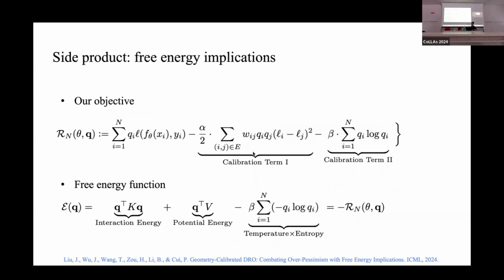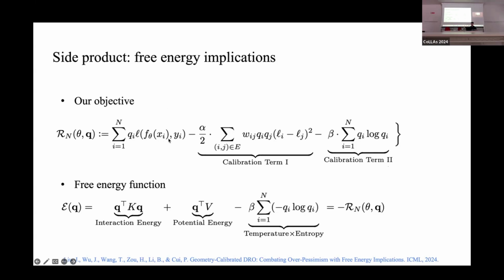And also here's a side product. It's about the free energy implications. Recall that the first equation is our objective function. It has three terms, and we find that these three terms exactly correspond with the three terms in the free energy function.